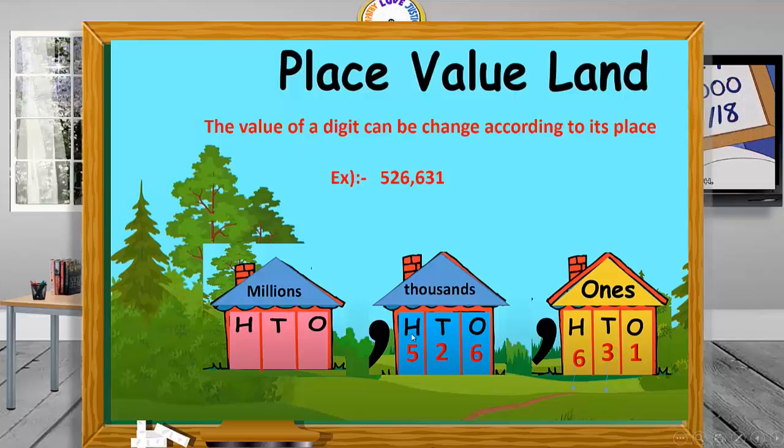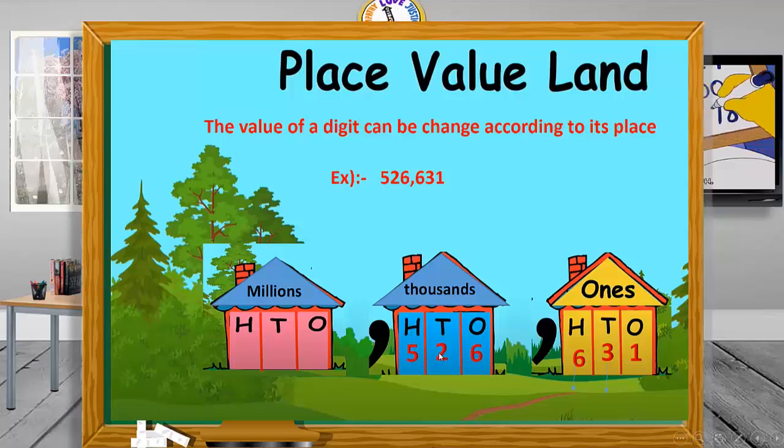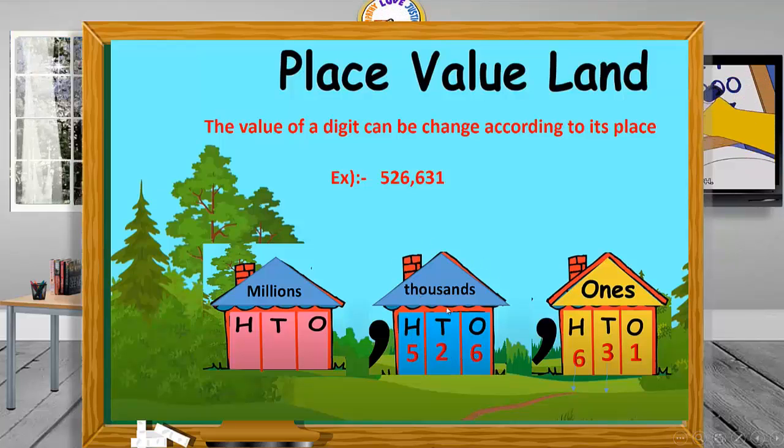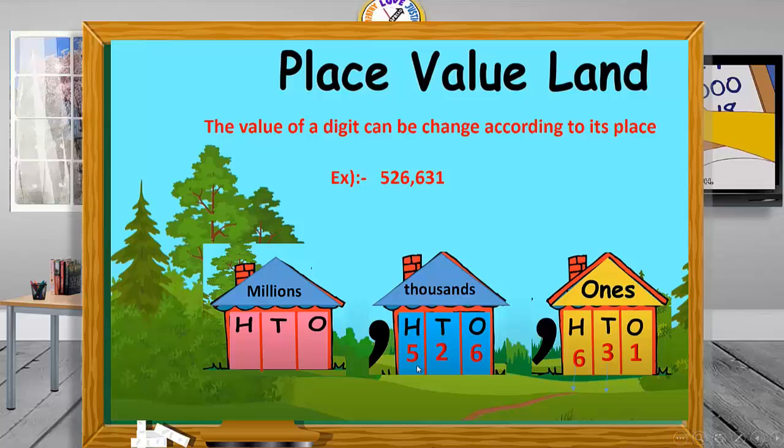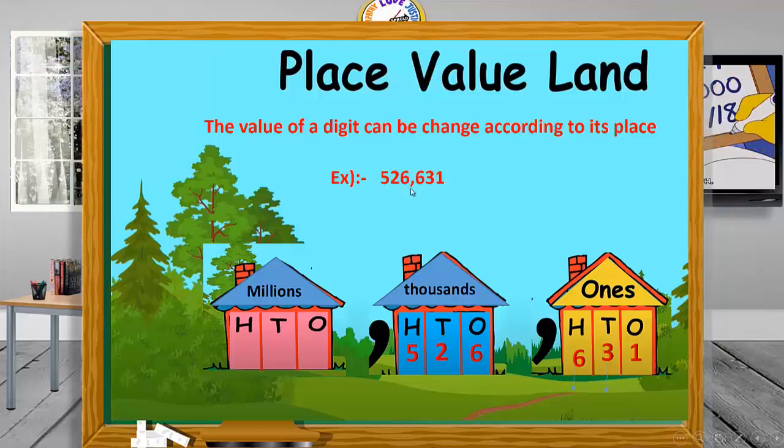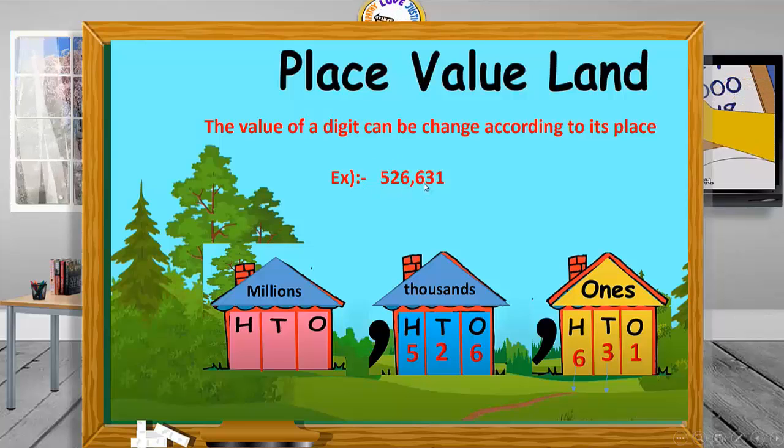So if you want to read this number, how can we read it? You should say 526 thousands, because 5 is in the hundreds place. You should say the name of your house or the name of your place: 526 thousands, because these three digits are in the thousands place, and then 631.